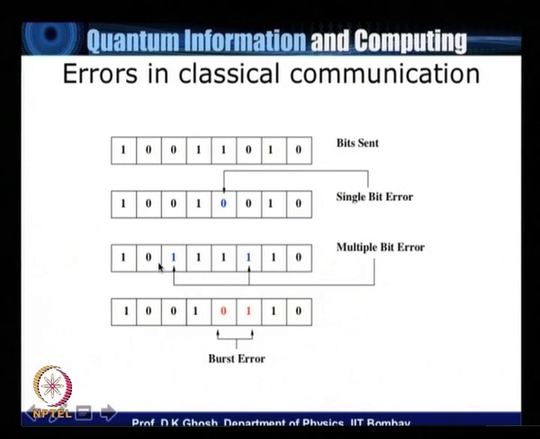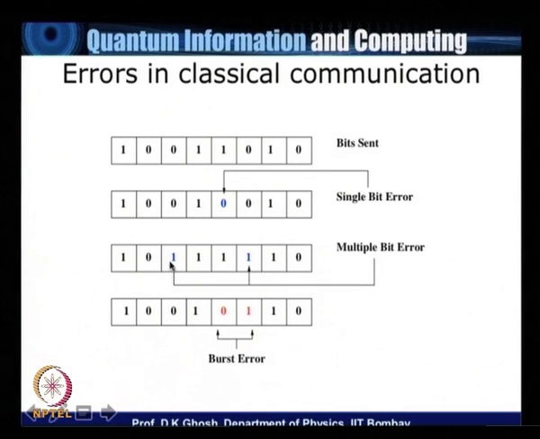In the third line, we have noticed that in the third place the 0 has become 1, and again in the sixth place the 0 has become 1. So in other words, there are two errors there.